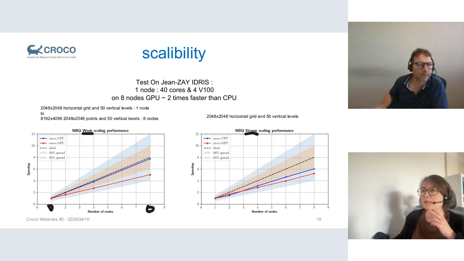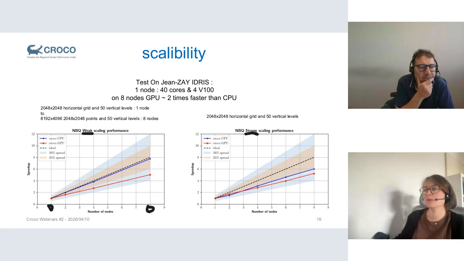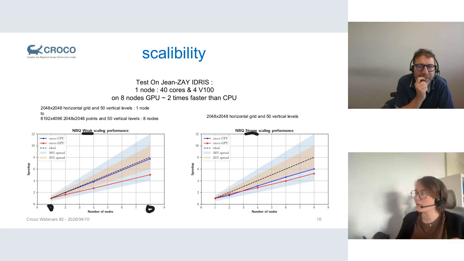Konstantinos asks if the GPU can run also with AGRIF, nested grids, and with submodels like sediments, biogeochemical models. If you can, did you test it? Because you say that you didn't test every key.